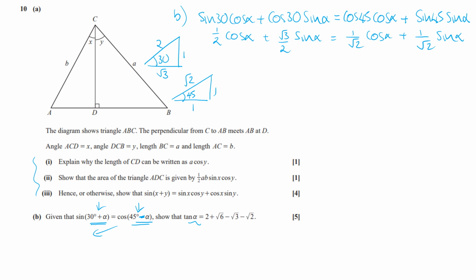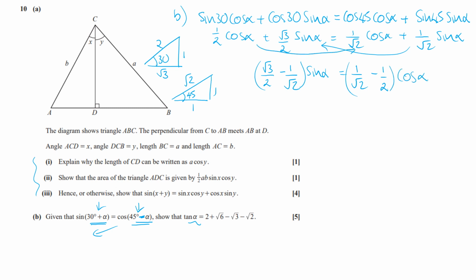Now I'm going to collect all my sines to one side and all my cos to the other side. So I've got root 3 over 2 minus 1 over root 2 sine alpha, taking that one to the other side, is equal to 1 over root 2 minus a half cos alpha, taking that one to that side and taking the sine alpha and cos alpha out as a common factor.